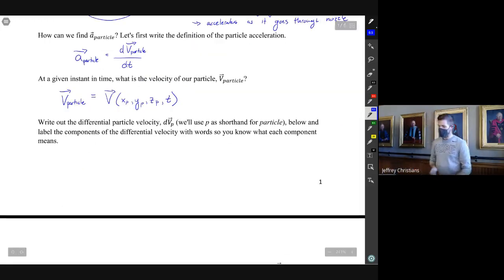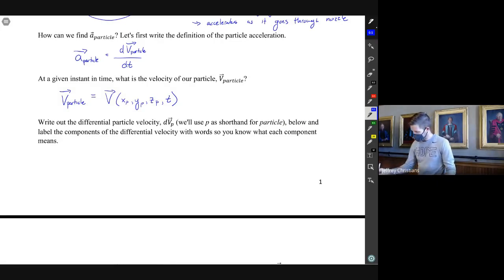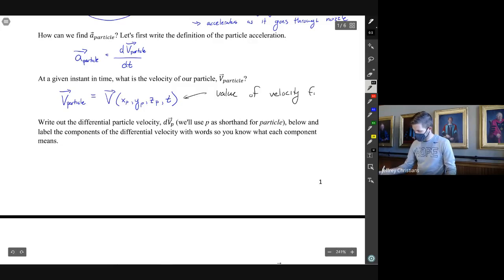Okay, so let's write this out. This is the value of the velocity field at time t and the location of the particle.